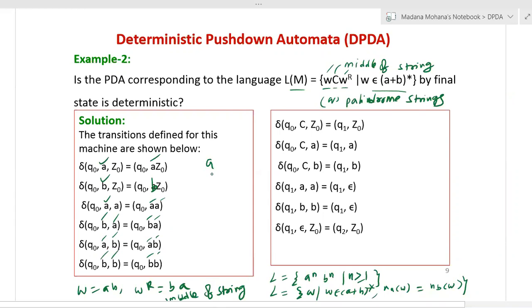First A is inserted, then B is inserted. Whenever A is there, one more A; whenever B is there, one more B. Then with A on the stack, you can insert B. Now you can see a total of 4 combinations: AA, BB, AB, BA.